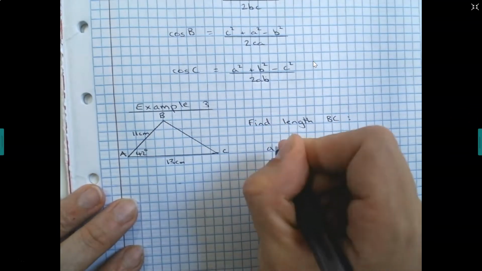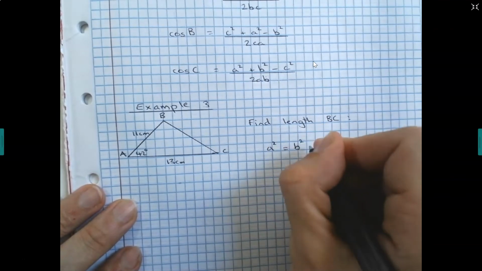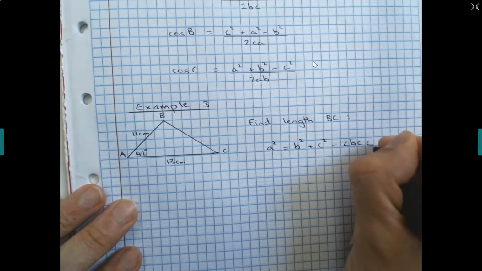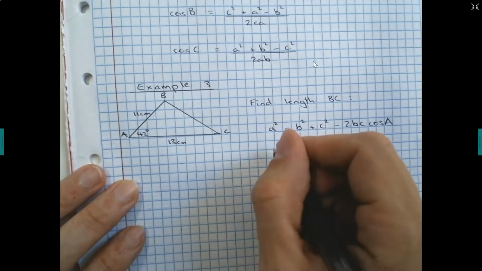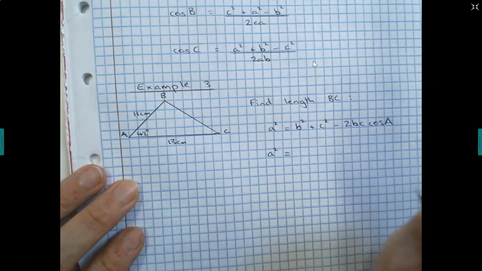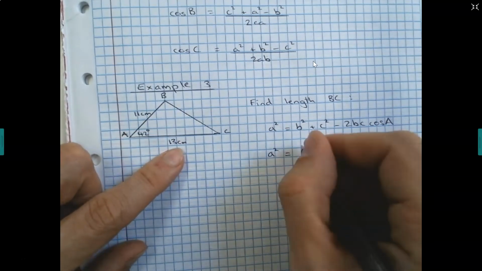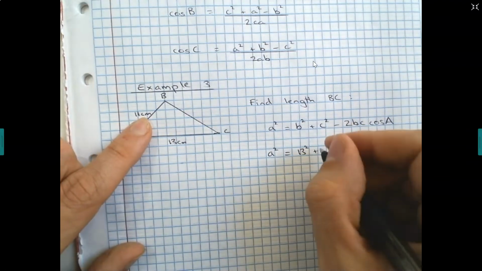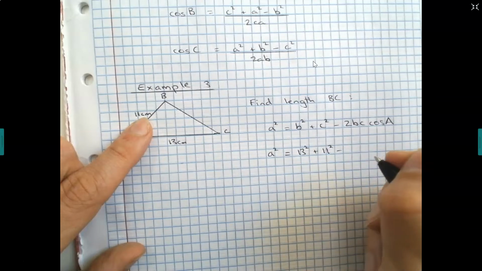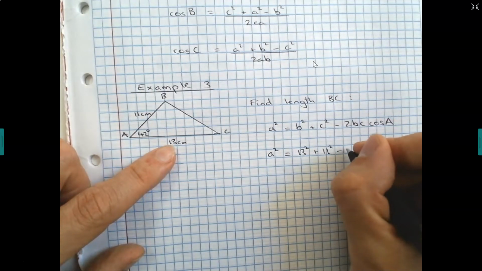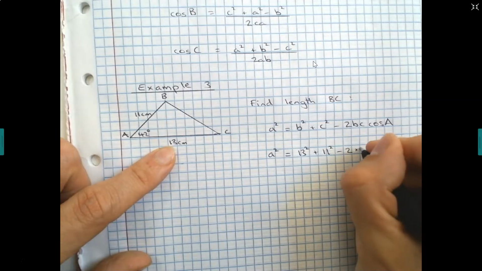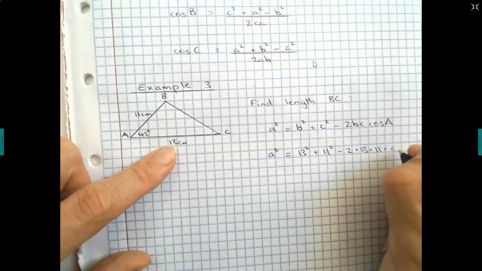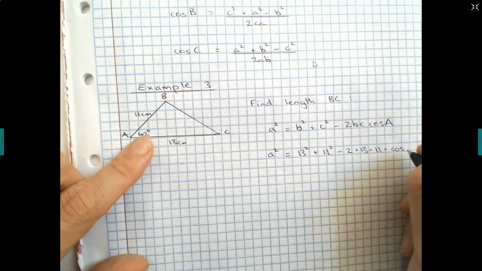So a squared is equal to b squared plus c squared minus 2bc cos A. a squared will be equal to, now b is 13, so 13 squared, plus c is 11, so 11 squared, minus 2 times b times c times cos of 42.